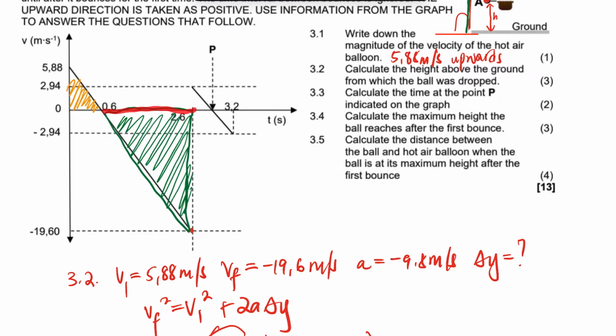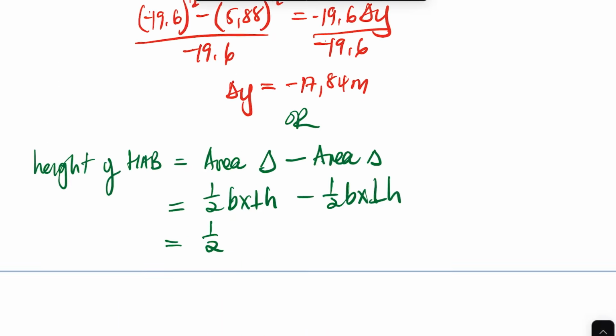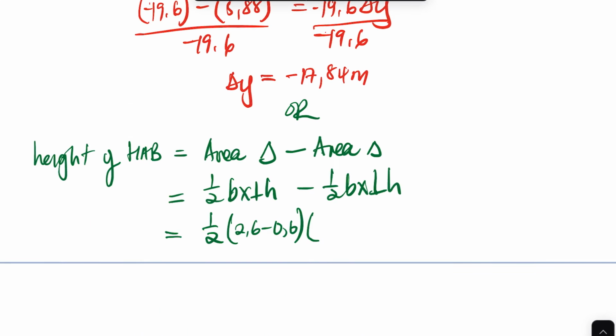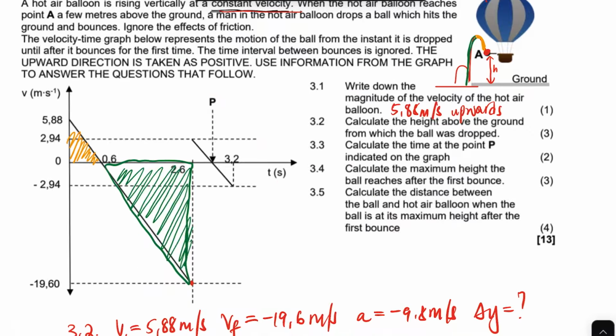It's the time there, starting from 0.6 to 2.6. So it's 2.6 minus 0.6, that makes 2. And the height is from there to there in this triangle. The height is 19.6. Remember guys, we're not going to put the negative there because we already have the negative there. So minus half our base in the small triangle.